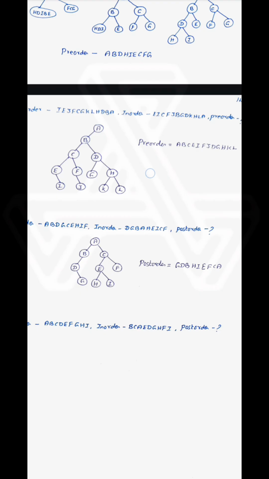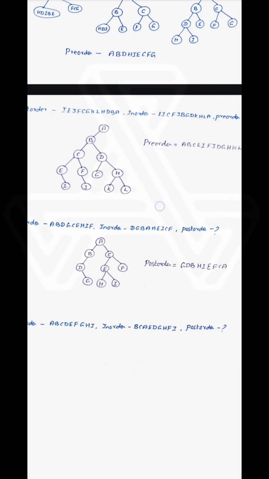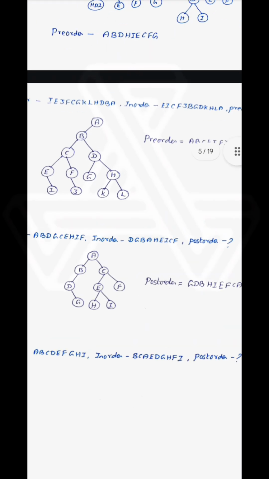And there is only one node, that is G, on the left side of D. And next will be H, that will be on the right side of D, so we will be putting H on the right side. Then there is L, that is right side of H, we are putting that, and K, that is left side of H, so we put that.